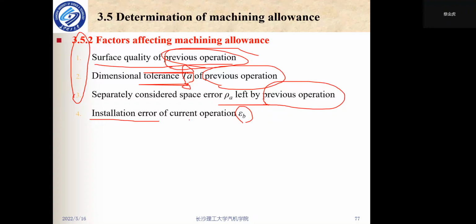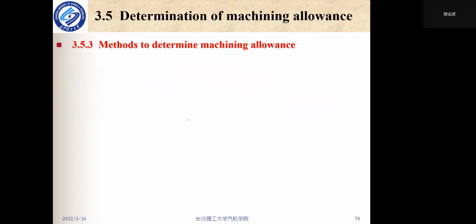So we have learned the concept and the factors affecting machining allowance. The next question is how to determine machining allowance. What are the methods to determine machining allowance? As we said, the machining allowance should be as small as possible.